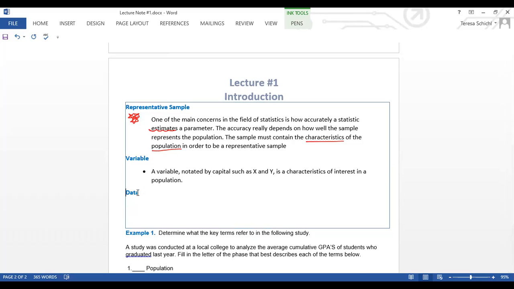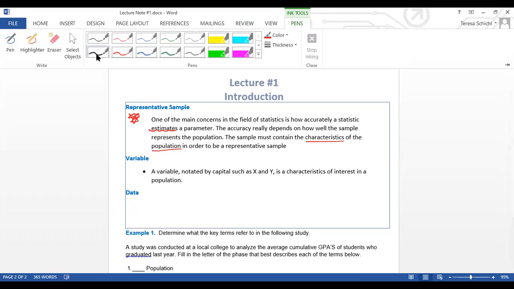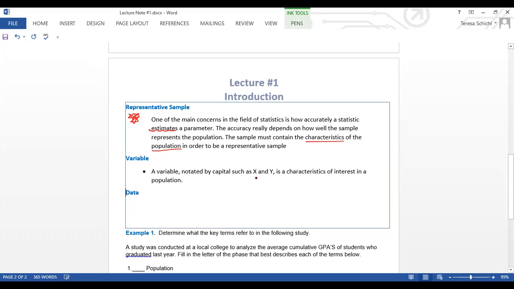A variable is like, we use a capital letter like X, Y, Z, for certain characteristics you are interested in about your population.